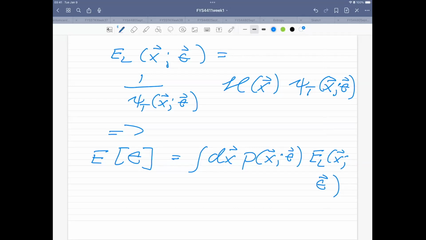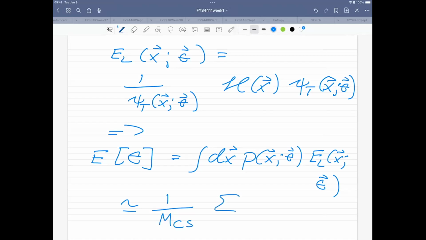Now, there's one thing which I'm going to prove next week, which I'm anticipating now, is that this result here is something which we will write out like 1 over M, where M is the number of Monte Carlo cycles.